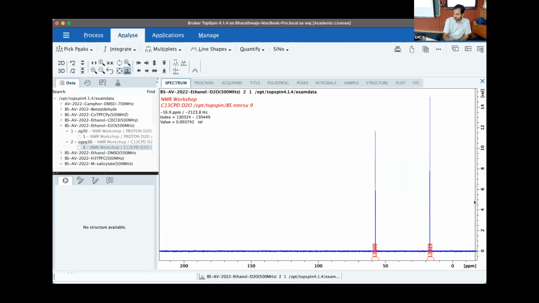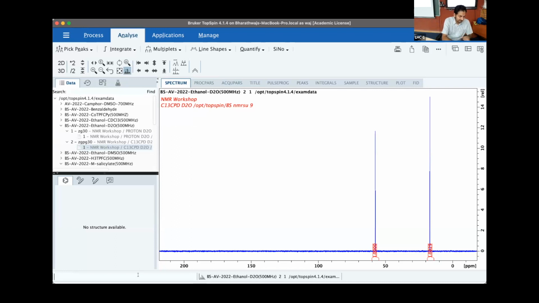If I take it to the extreme, the minimum chemical shift that you could measure given this spectral width is about minus 17.8, maybe minus 18 ppm. I'm not able to move the cursor all the way to the left. And the maximum chemical shift that you can measure is about 218.2 ppm, 218.4 ppm.